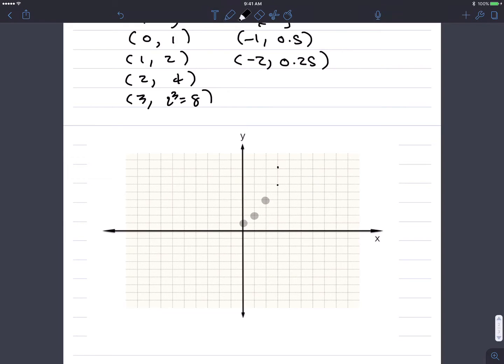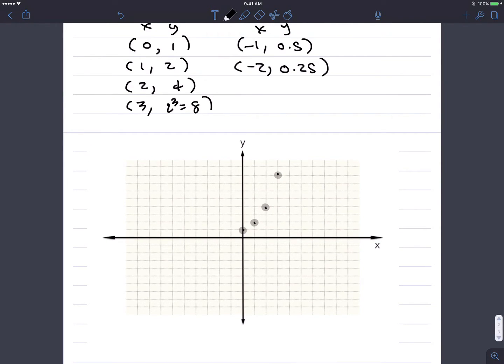There we go, somewhere over here. Okay? So 0, 1 is here, 1, 2, 2 and 4 right there. And here's 3 and 8.